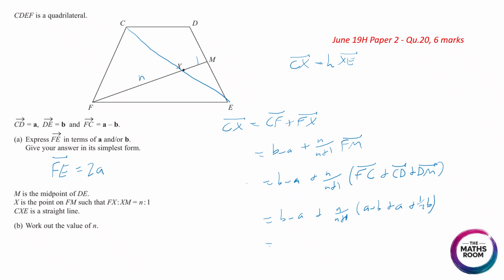So let's tidy all of this up now. So look at your A's. Okay, so you've got minus A. Take out a factor of A. So minus 1, and then look what we've got. We've got 2A's multiplied by n over n plus 1. So you've actually got 2n over n plus 1 lots of A. That's the A's done.